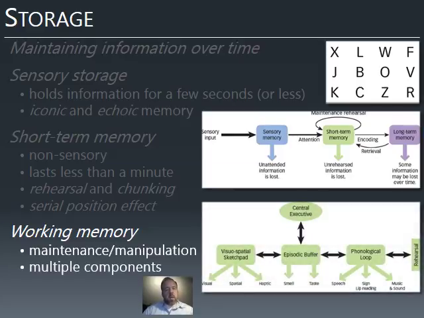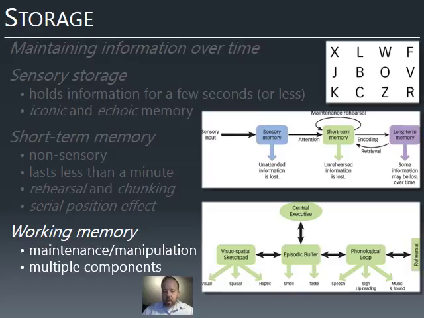And this theory has evolved over time, but it's thought that there are multiple components to working memory. We're not going to go into huge detail here, but there is the visuospatial sketchpad, which is the part of your working memory that deals with visual information. So if you need to keep an image in mind and perhaps manipulate it in some way, think about what would happen if you changed the image, move things around.